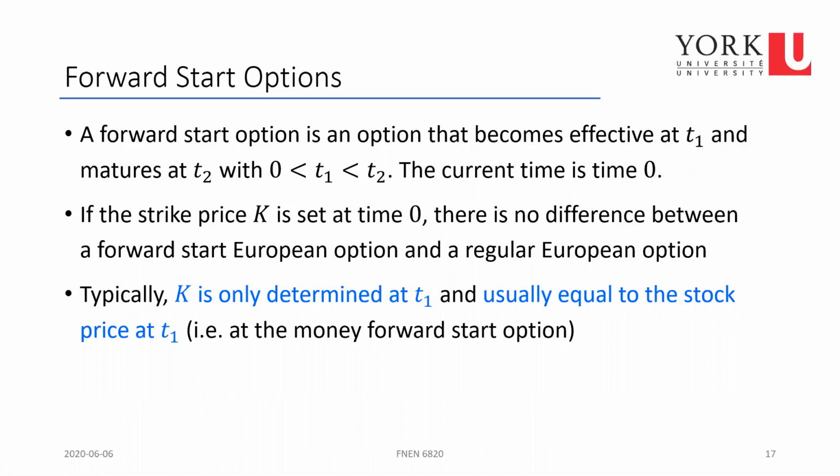Okay, and typically for a forward start call or put, the strike is set at T1 to equal the realized stock price at this point here, T1.